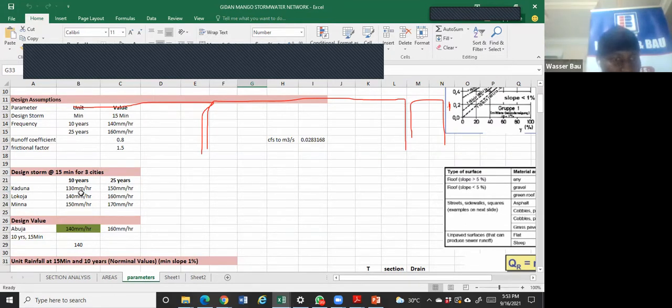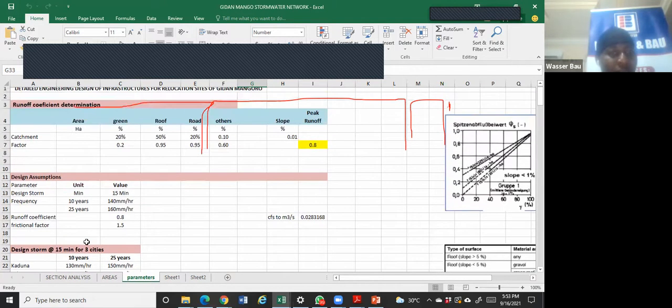Lokoja: 140 for 10 years, 160 for 25 years. Minna: 150 for 10 years, 170 for 25 years. So 10 years for Abuja cannot suddenly be 1,000. It has to be between 130 and 150. So we choose 140.